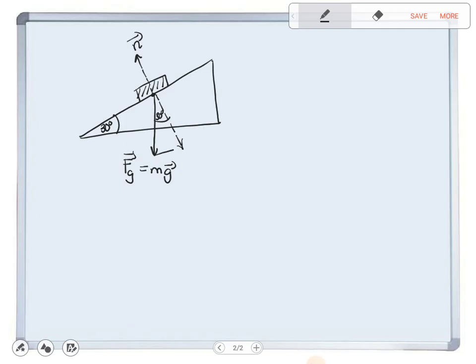Now if I close up here, I'm going to form a triangle, you get the concept, in which I need to find the forces in the x and the forces in the y. So I have to resolve the forces. So how do I resolve the forces?